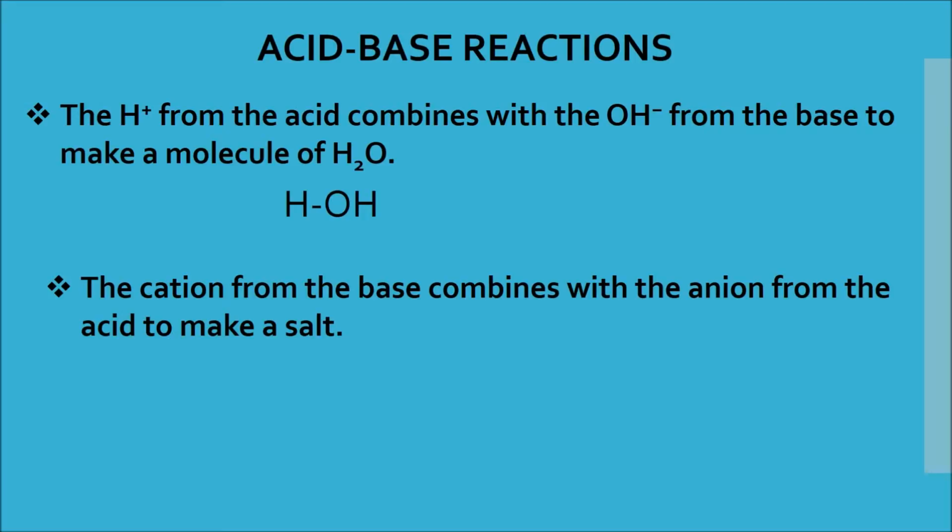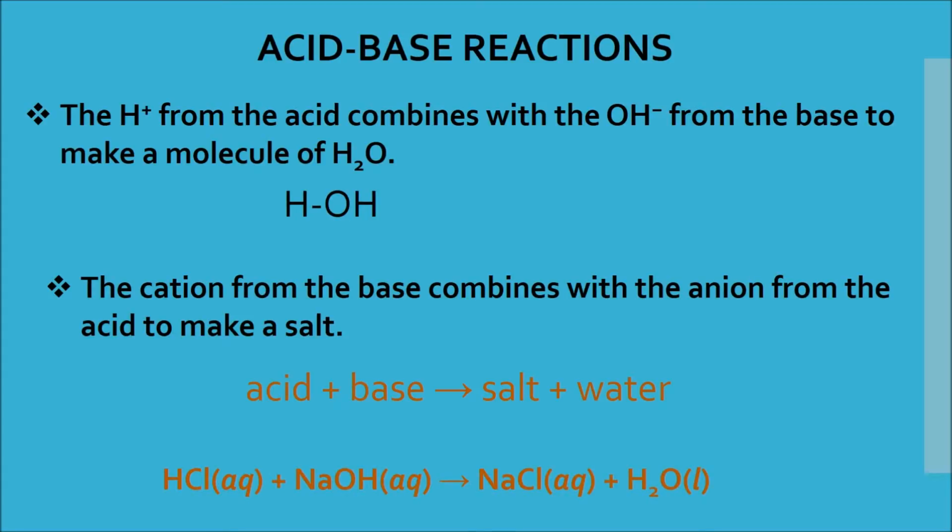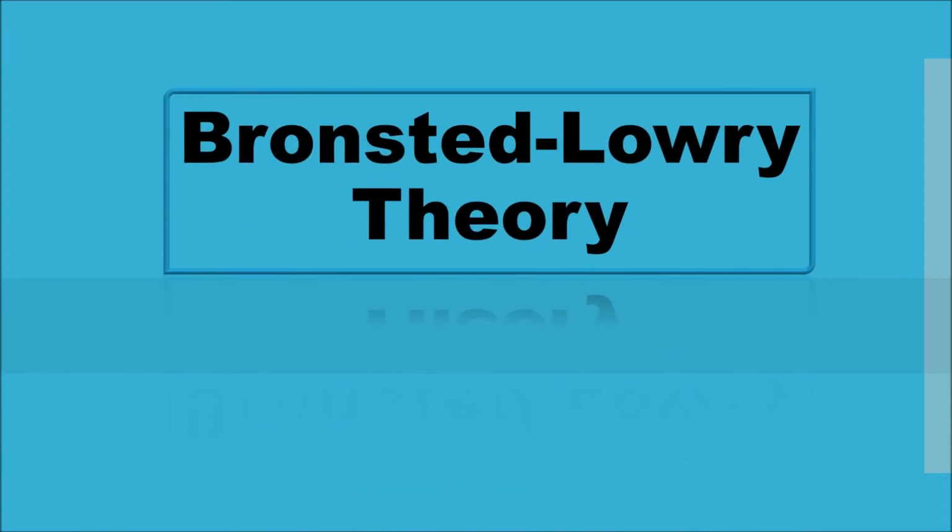And that comes up with the term that we always hear, that acid plus base is equal to salt and water. So if you look at a typical acid-base reaction based on Arrhenius's definition, then H plus and OH minus is going to give you water, and then the anions and cations will combine to form salt. An example here is HCl with sodium hydroxide to form sodium chloride.